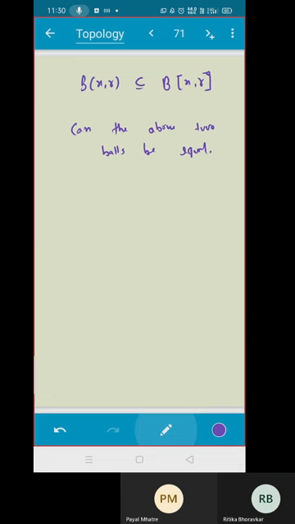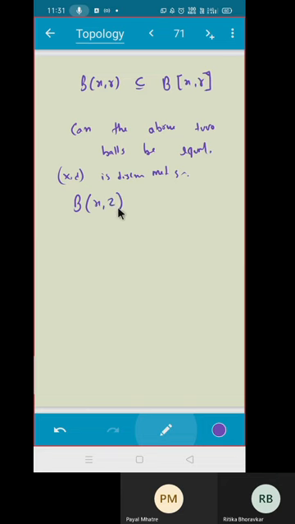Yeah, give me some example. The closed ball B(x, 2) and the open ball B(x, 2) in a discrete metric space. Okay, but you are saying B(x, 2).